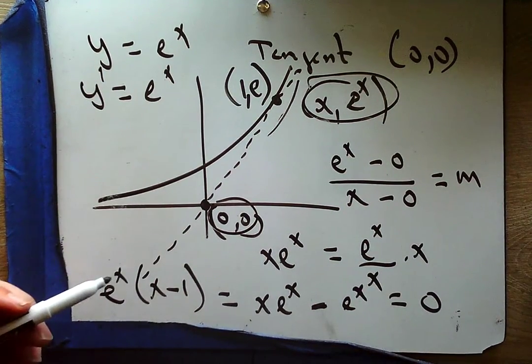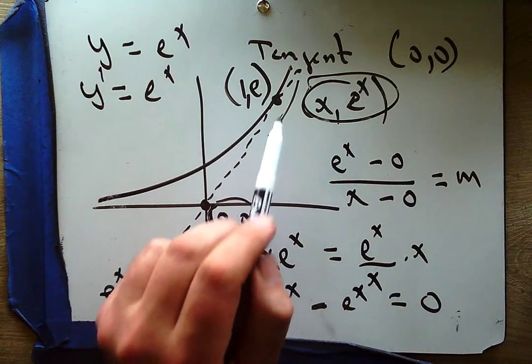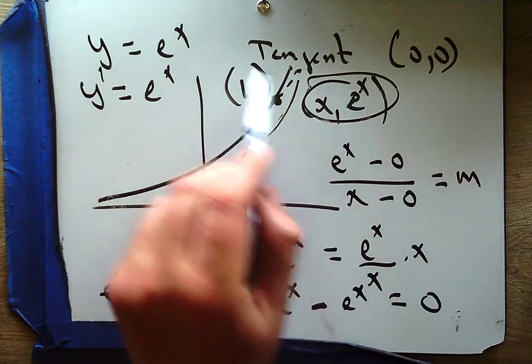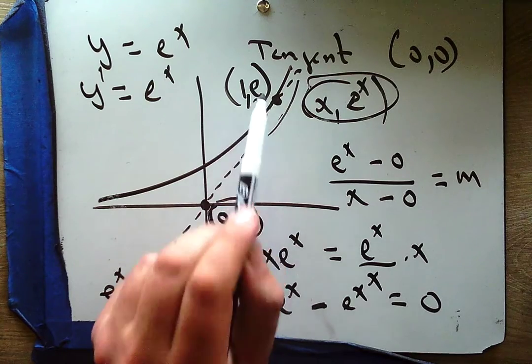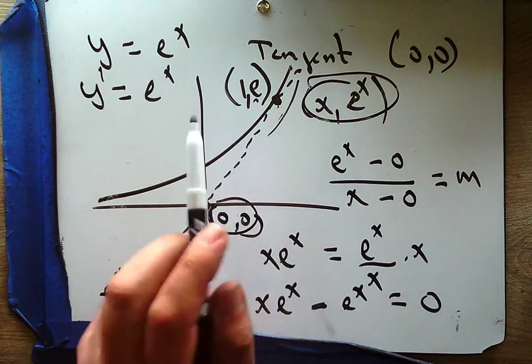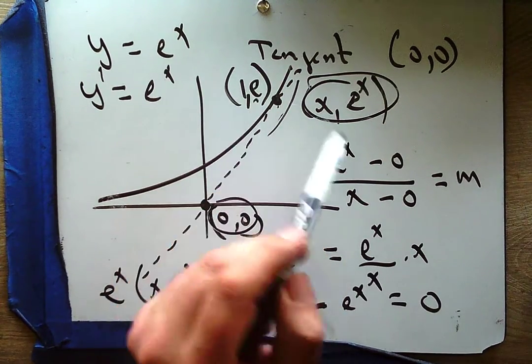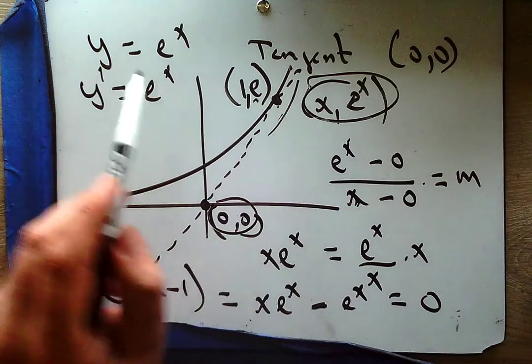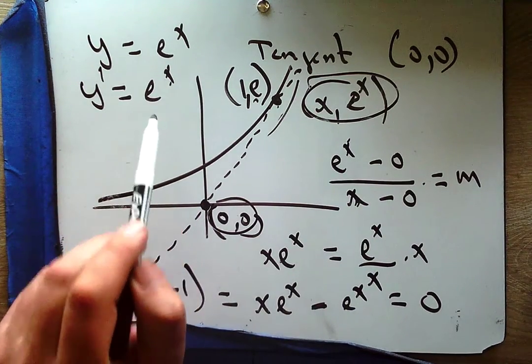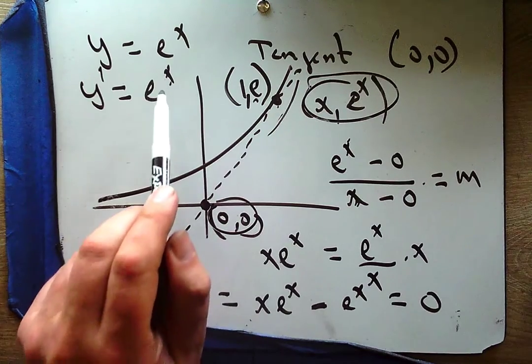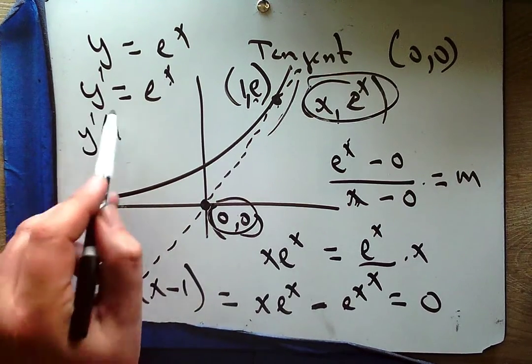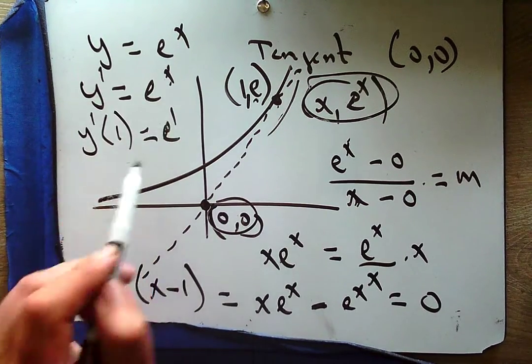The other thing I need to know, though, is what's the slope at that point, right? In order to write the tangent line, I need an ordered pair. I also need a slope. Well, you can plug that 1 in here for the tangent line, or in here for the curve. I prefer here because it's less work. Y prime of 1 equals e to the 1.